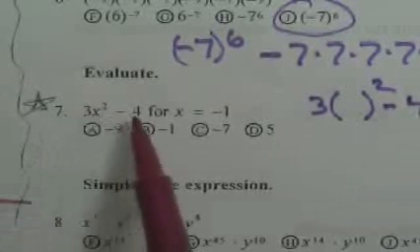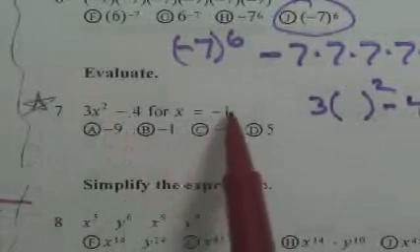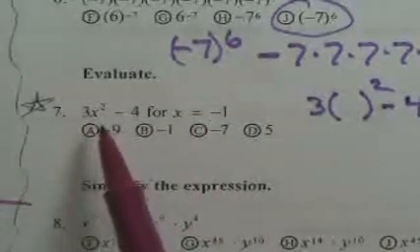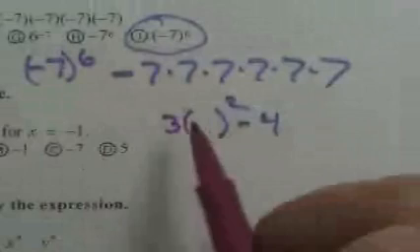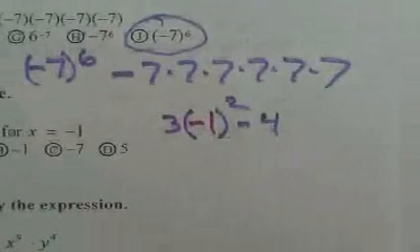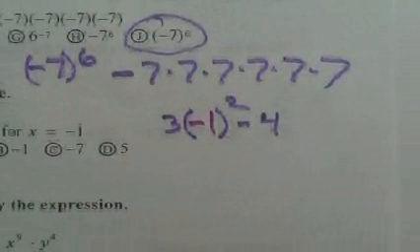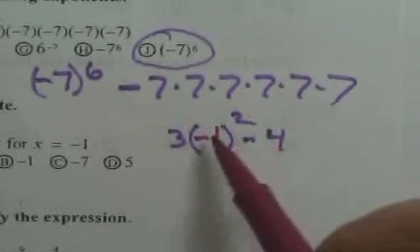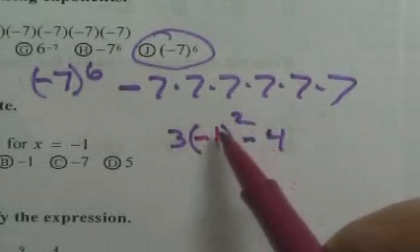Number 7, I have this expression, and I'm going to put negative 1 in there for x. Just substitute it in there. So it looks like that. Now, let's see. How much is negative 1 squared?